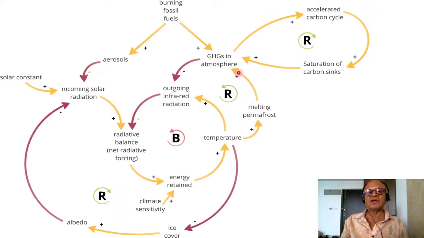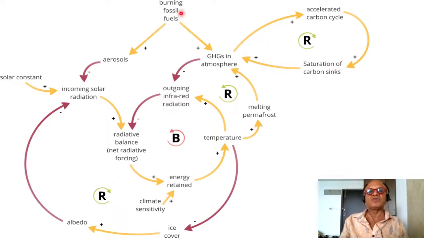On the other hand, if the increased radiation goes into melting permafrost, which then increases greenhouse gases in the atmosphere, that can be a feedback in the system as well, because that then affects the carbon cycle, saturation of carbon sinks, and the ocean circulation changes that we talked about.